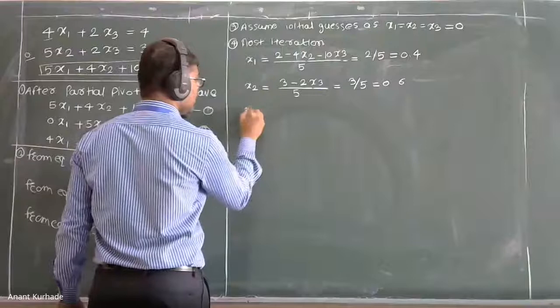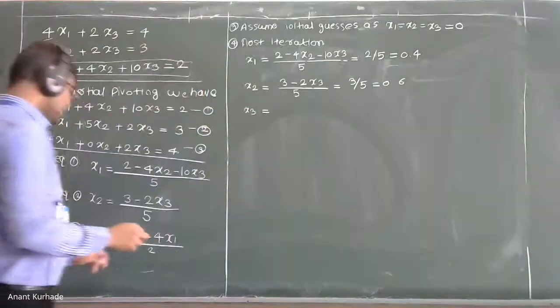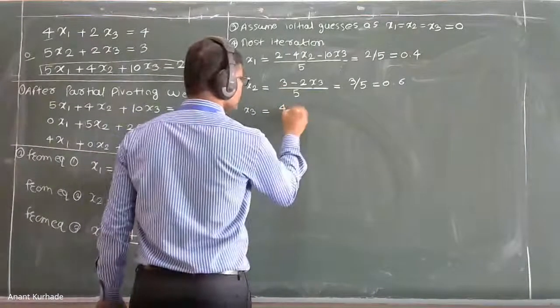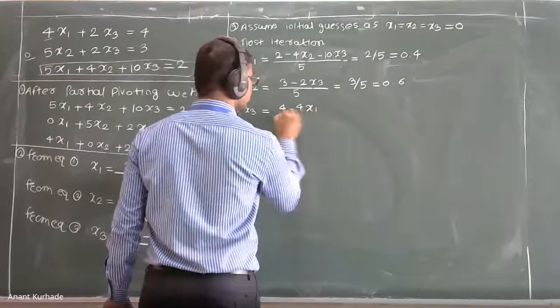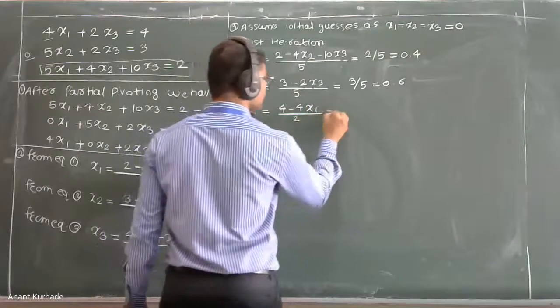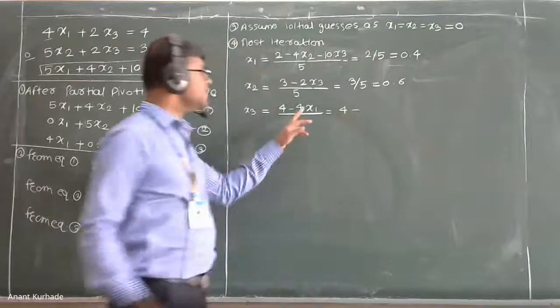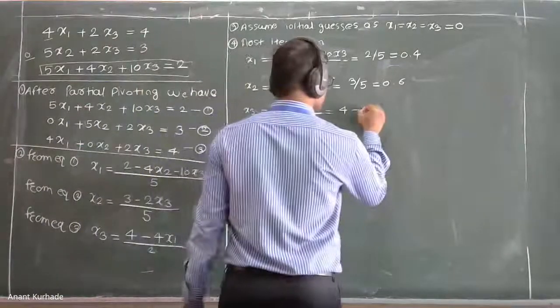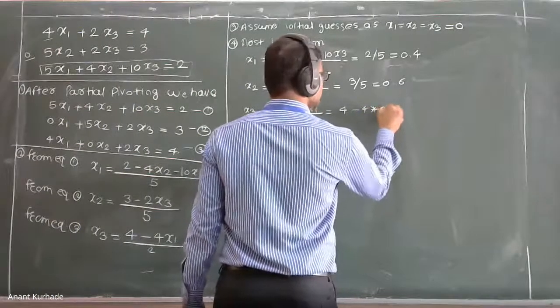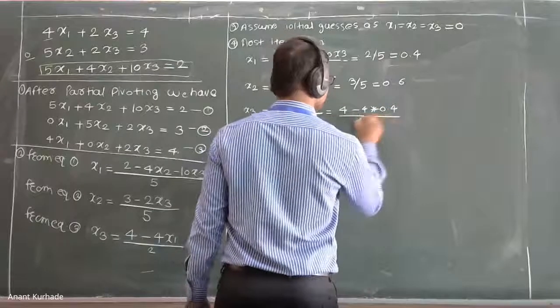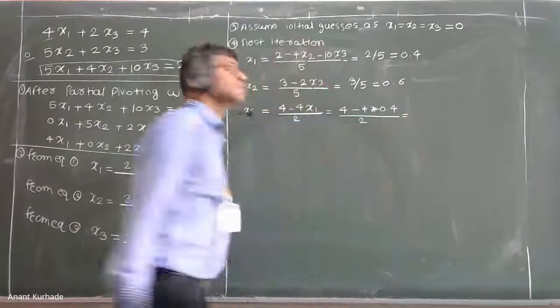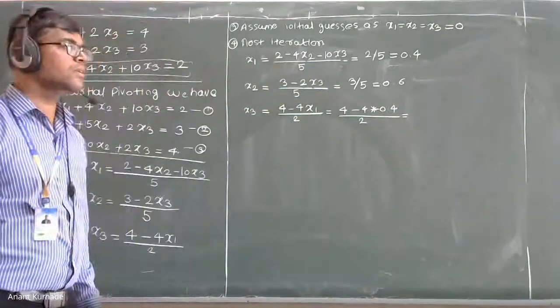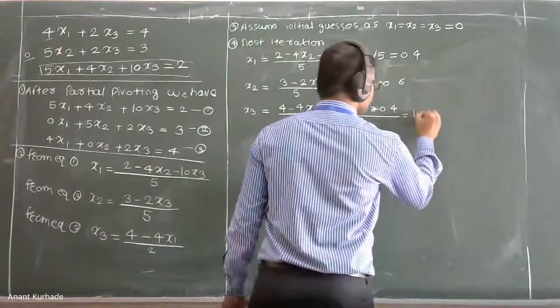Now x3. The formula is 4 minus 4x1 divided by 2. Now here, what is the value of x1? Be careful, it is 0.4. So it is 4 minus 4 into 0.4 divided by 2. What is the answer? 1.2.